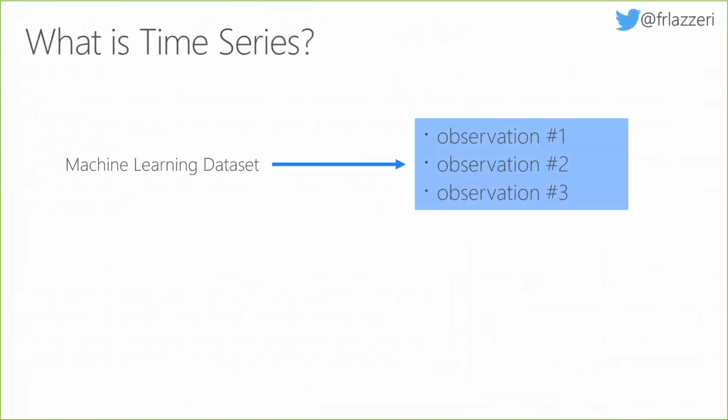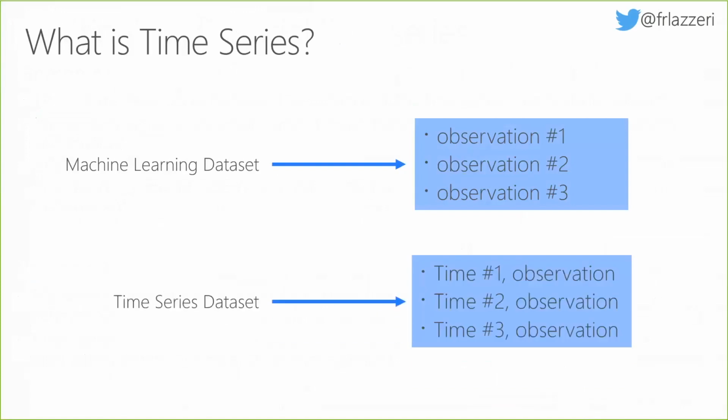A time series data set is different. Time series adds an explicit order dependence between observations. This is actually a time dimension, as you can see from this slide. This additional dimension is both a constraint and a structure that provides a source of additional information, and we will see together how you can use it.